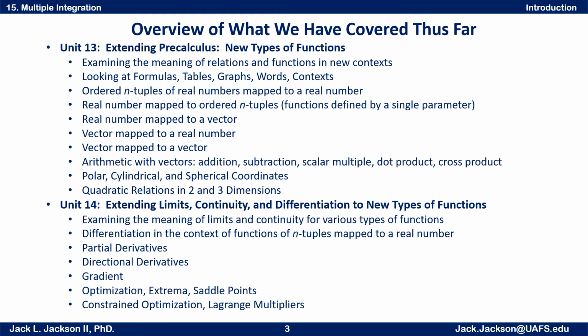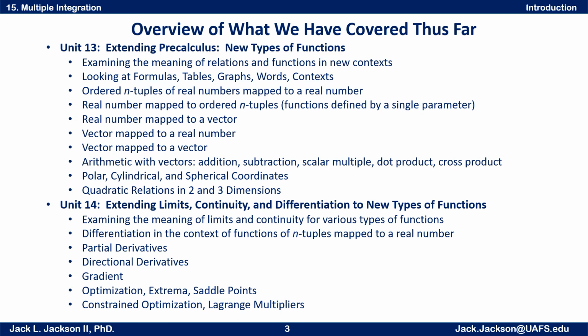We also introduced polar, cylindrical, and spherical coordinates a little bit, and we looked at specifically quadratic relations in 2 and 3 dimensions, quadratic functions in those settings. We talked about conic sections and quadratic surfaces as well. So that was kind of our first unit.